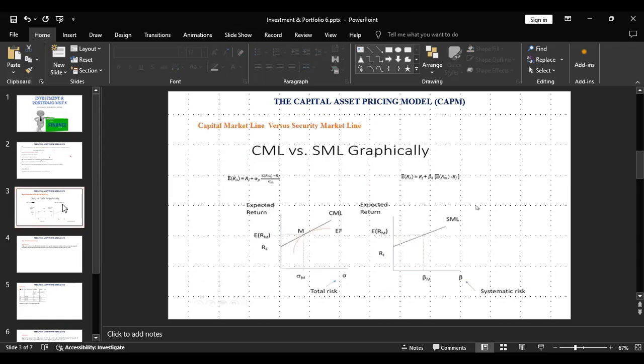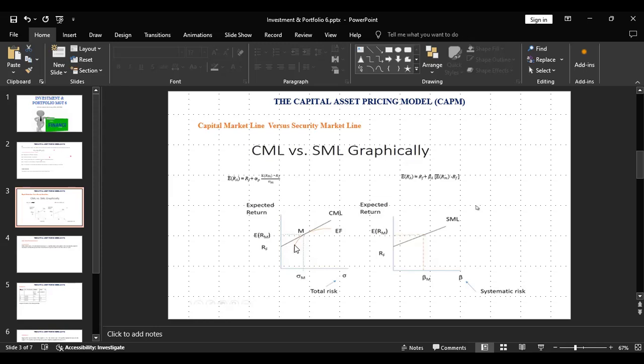Under CAPM, we have two lines: the capital market line and the security market line. The capital market line is a line that shows the relationship between expected return and total risk.